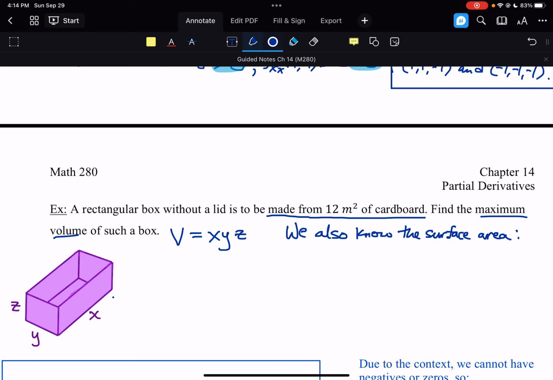And again, there's no lid. So there's going to be an xy for this side and the back side. Excuse me, that's xz. xz for this side and the back side. yz for the front and the back. And then xy is on the bottom. So there's going to be 2xz plus 2yz, so those are the 4 sides, plus xy is the bottom, and we know that that is equal to 12.